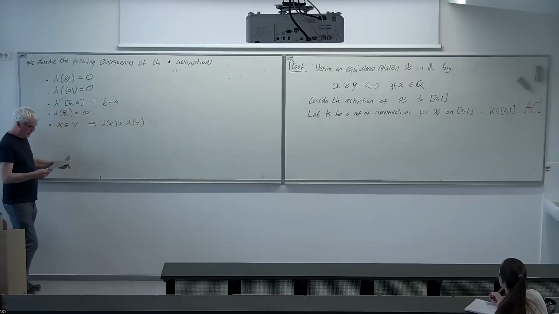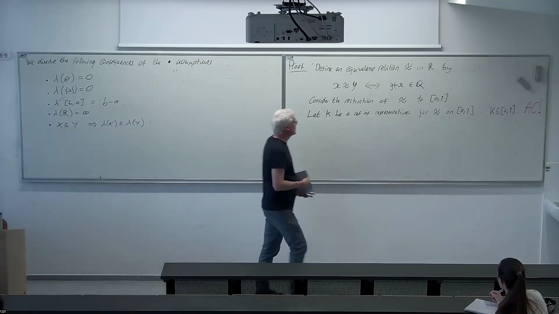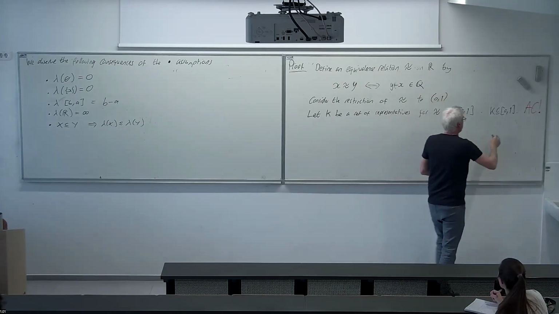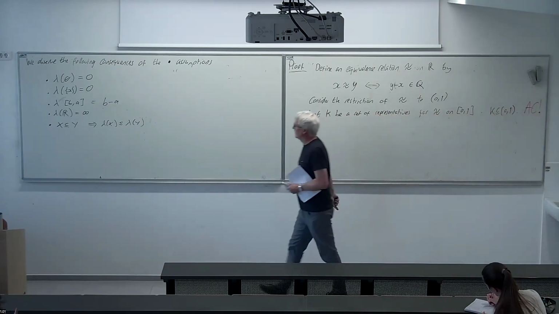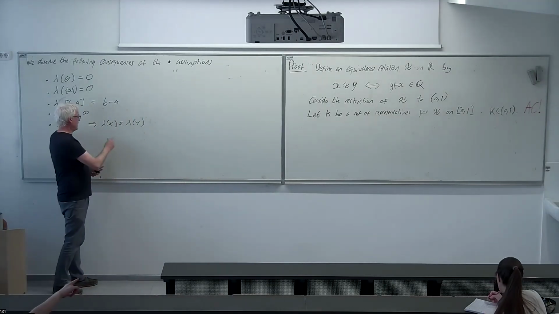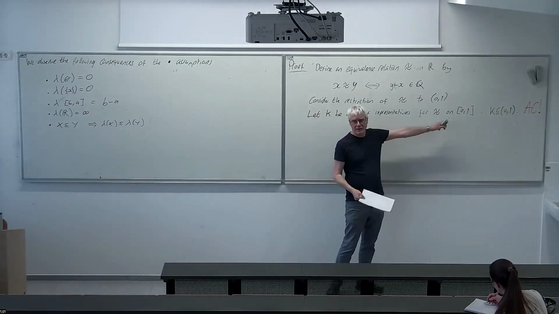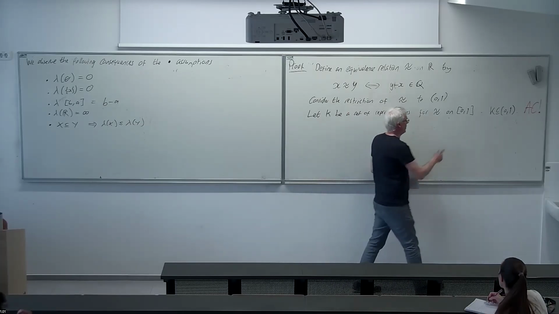Am I using the closed interval here? In the notes, I use the open interval. It probably doesn't make any difference, but let's just be safe and use the open interval. By the assumptions we've had, that the length of the interval is 1, and the monotonicity property, it's clear that the length of K will be a number between 0 and 1.